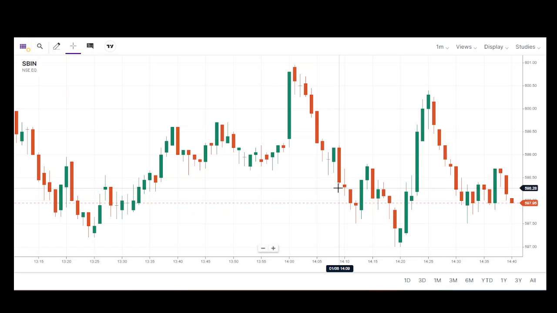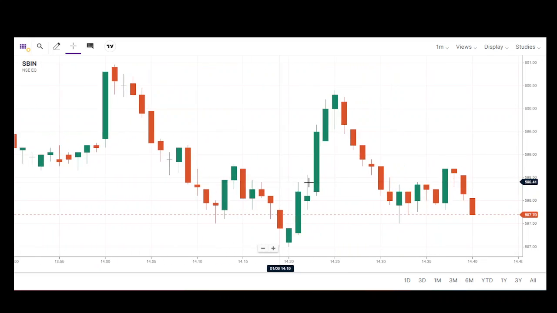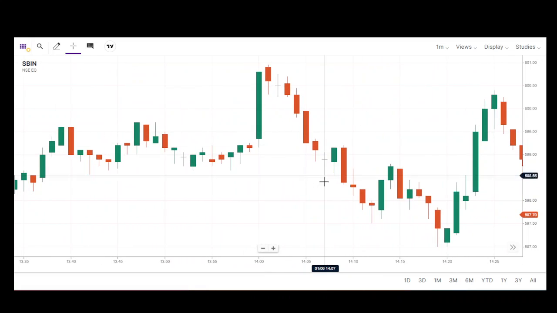Now, one doubt you might get: what if the opening and closing price are equal? Will that be bearish or bullish? No, it is neither. You see the example here. When the closing price is equal to the opening price, you will get a doji candlestick.